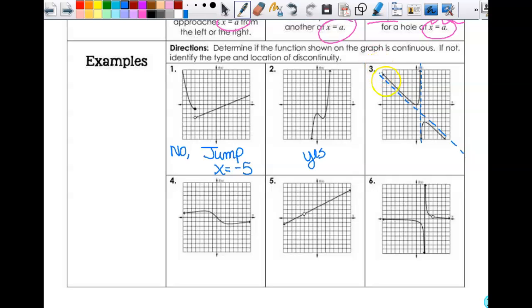So this is continuous, and then it goes to here, and then I have this, so it's not continuous because there's two pieces. When it's an asymptote causing the problem, what kind is that? Infinite. Infinite. And that is at x equals 1, we'll say. Okay, we good on that so far?